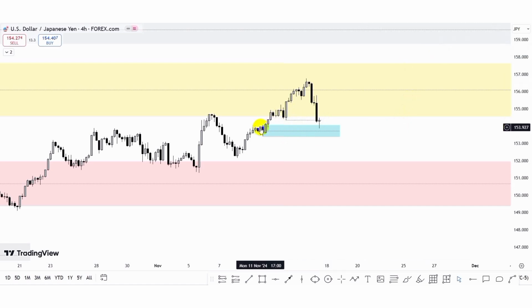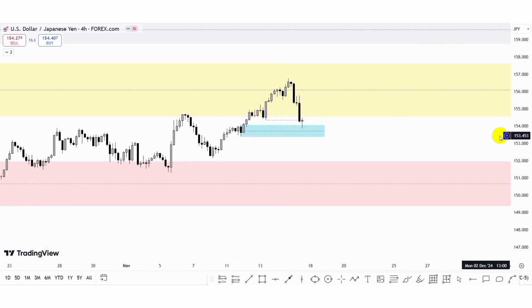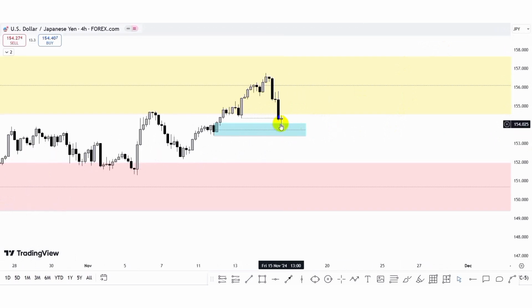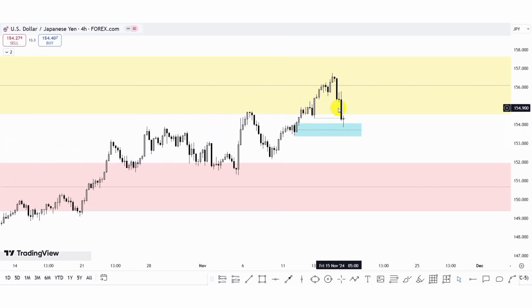But what we can see is that price is reacting at this order block. So we have to be very careful and look at price action in a lower time frame to consider going bullish, or wait to see price break through this order block, and then we possibly have a pullback into this fair value gap, and then we have the fall of price before we have the bullish move.